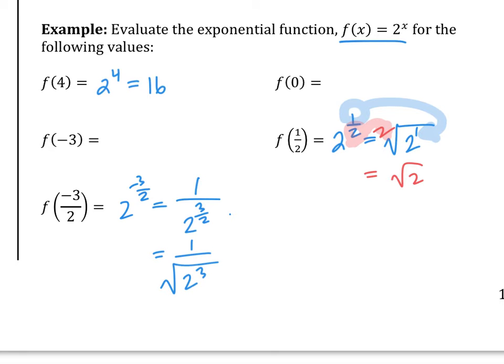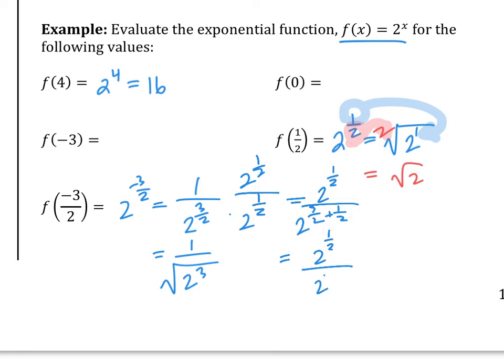In order for 3 halves to become an integer, you need another 1 half, because when you multiply two numbers that have the same base, you add the exponents. So this becomes 2 to the 1 half in the numerator, and in the denominator, 2 to the 3 halves plus 1 half. 3 halves plus 1 half is 4 halves, which is 2. So this becomes 2 to the 1 half over 2 squared, which is 2 to the 1 half over 4. Let's simplify it all the way: square root of 2 over 4.